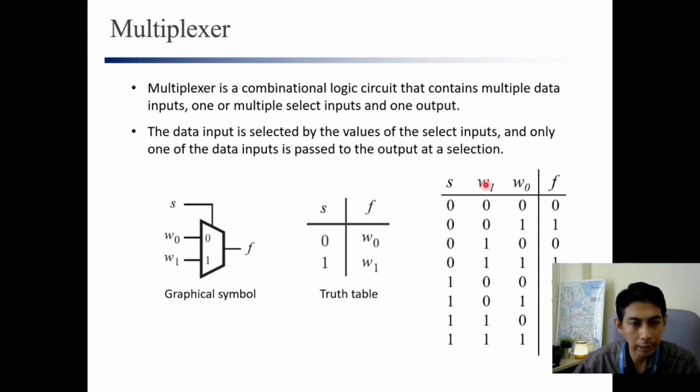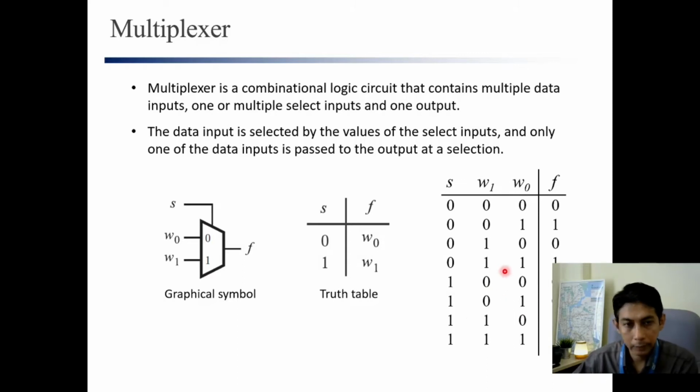So this is the full truth table of the 2 to 1 multiplexer. This is the simplified truth table, where if s equals 0, F will be equal to W0, and when s equals 1, F will be equal to W1.